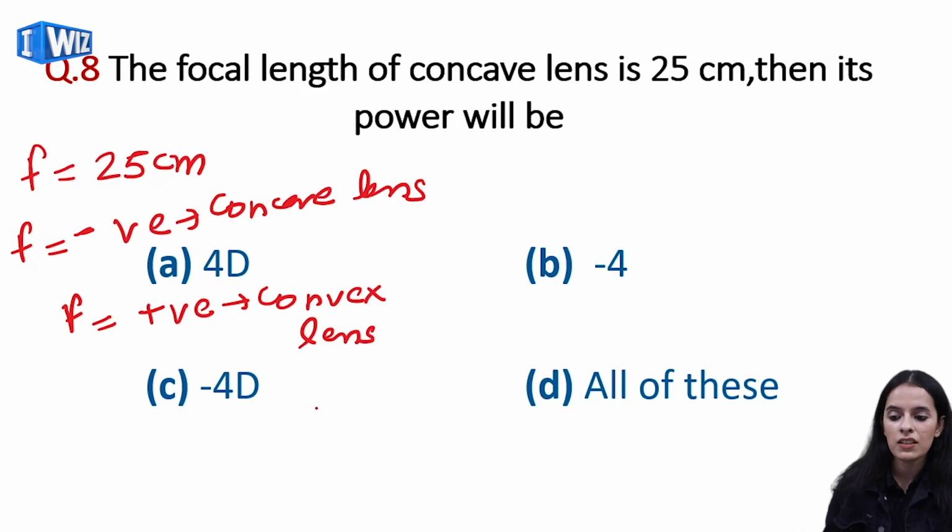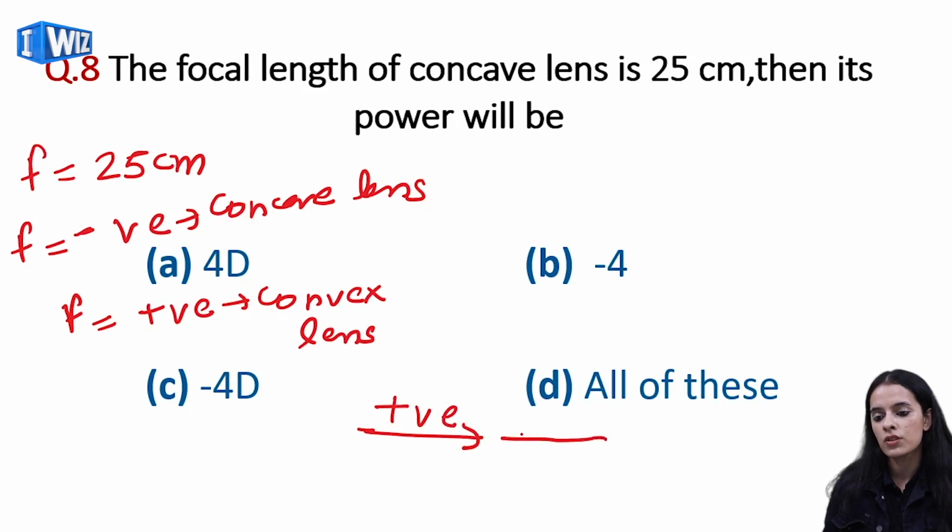This is based on sign conventions. In case of a concave lens, the focus is to the left, and in case of a convex lens, the focus is to the right of the lens. The direction of incident light is always taken as positive.